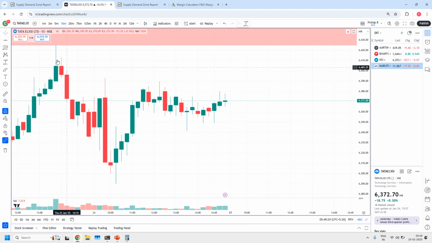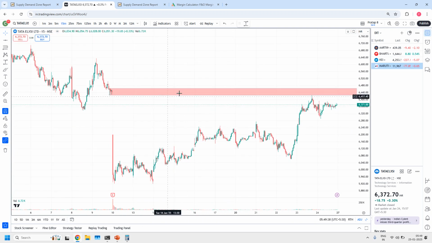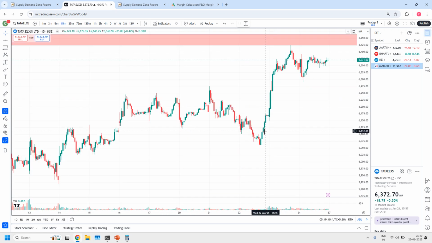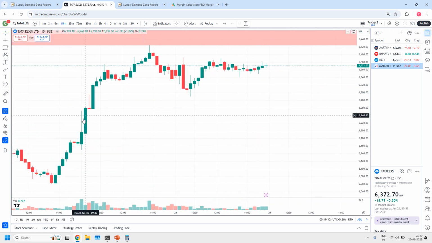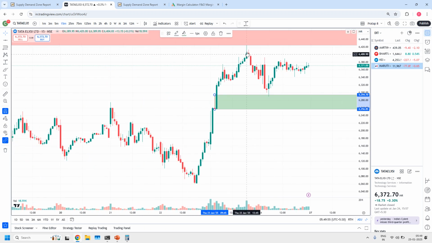See, already once it is tested. It happened on 23rd January, which means this stock would have been already displayed earlier. See here, rally base rally is there, it reached the target. Tested and then reached this target.